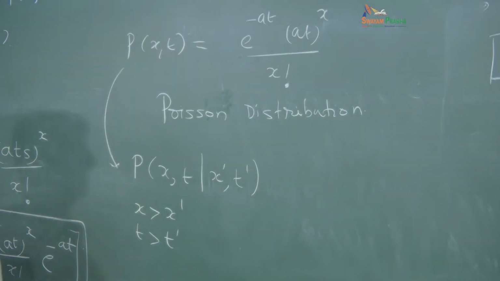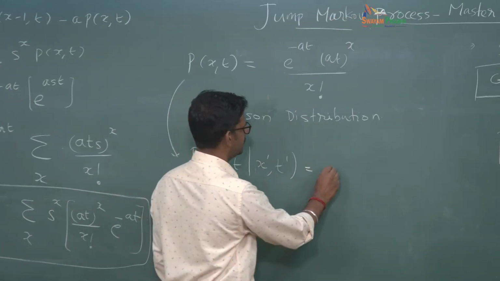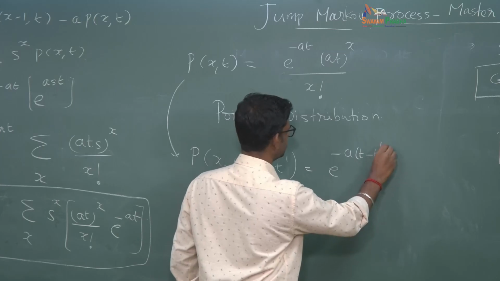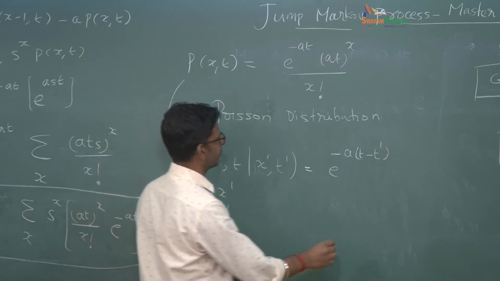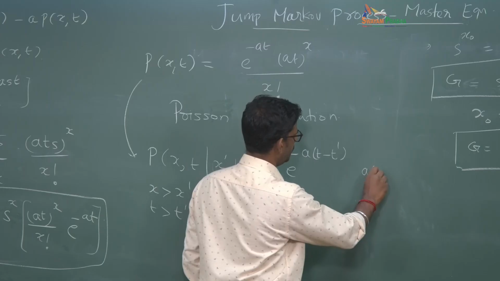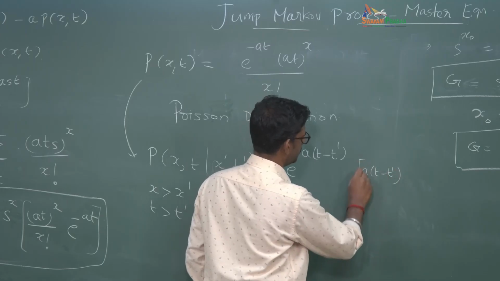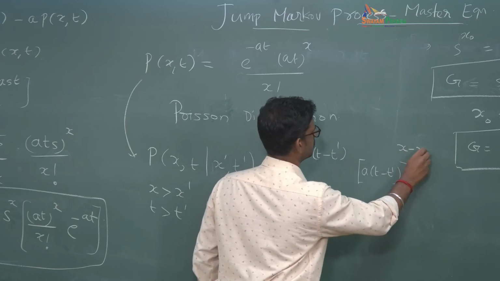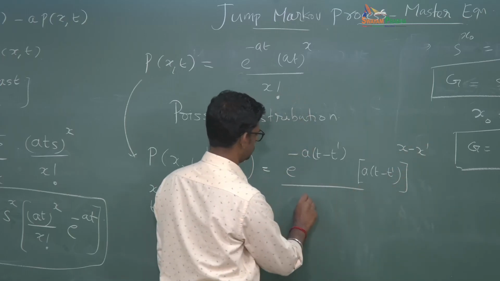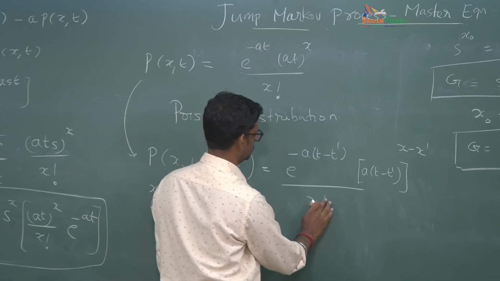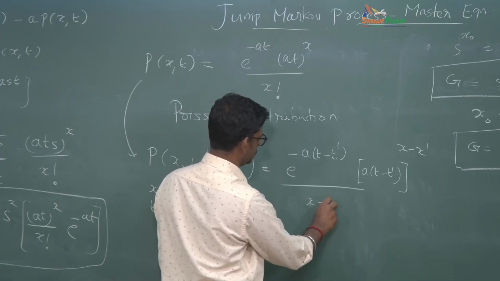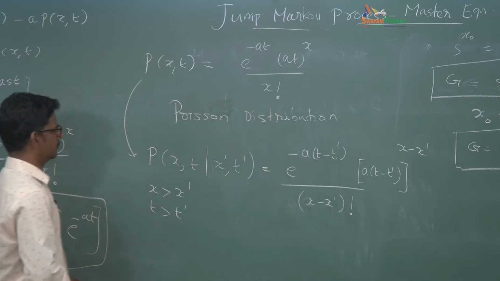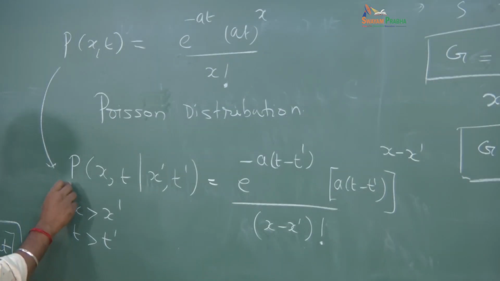Under this condition, you can write e power minus a(t minus t prime) times (a(t minus t prime)) power x minus x prime by (x minus x prime) factorial. So this is our transition probability.